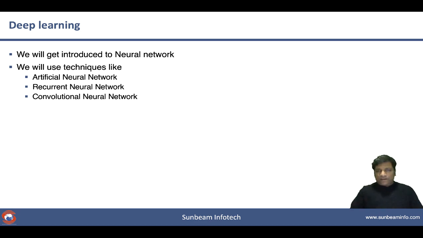RNN stands for recurrent neural network, which can be used for NLP-like applications, and CNN, convolutional neural network, we are going to use it for image classification. We'll see whether the given picture is of a cat or dog. This kind of problem can be solved by using CNN. So there are different techniques we are going to see in this module.